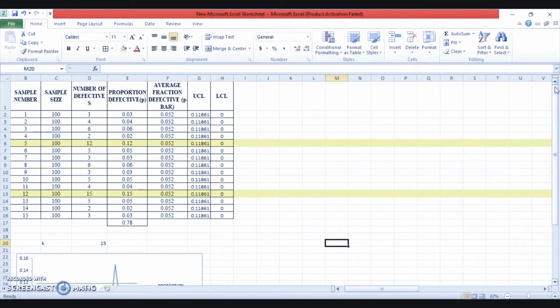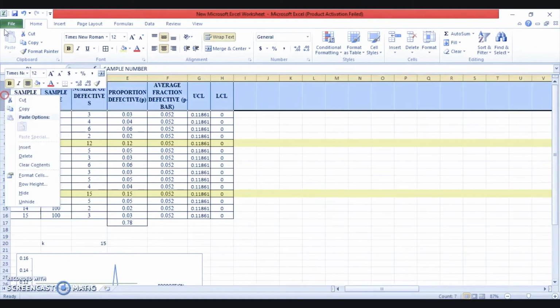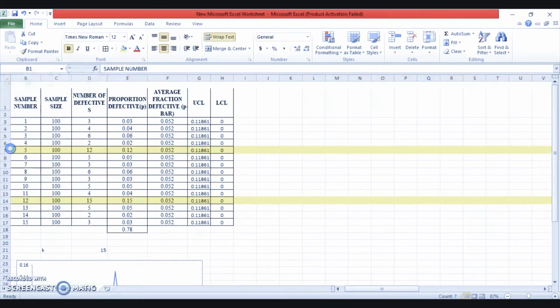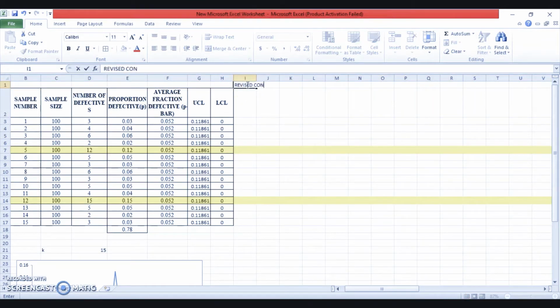So what we are supposed to do is first find a new P bar value. That means we have to revise the central line, upper control and lower control limits. So I'll insert here the revised control limits.